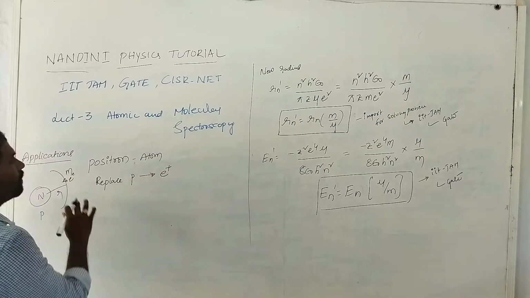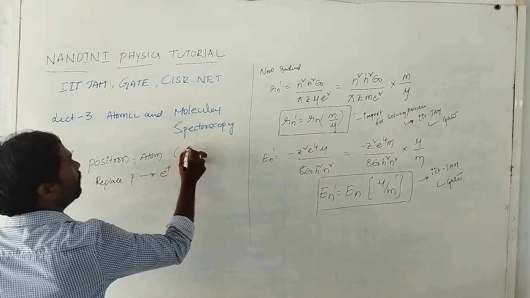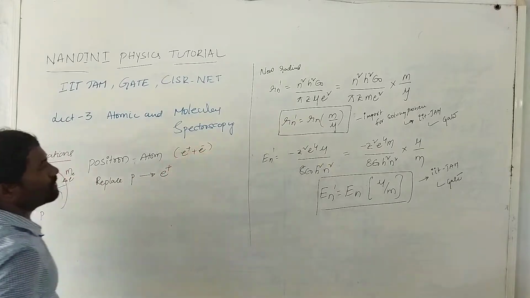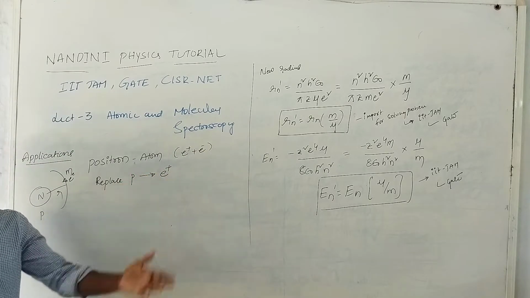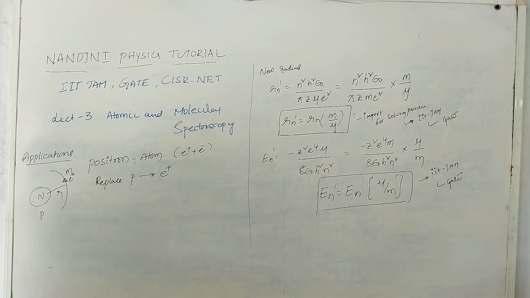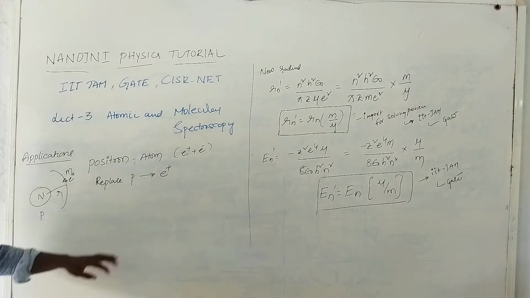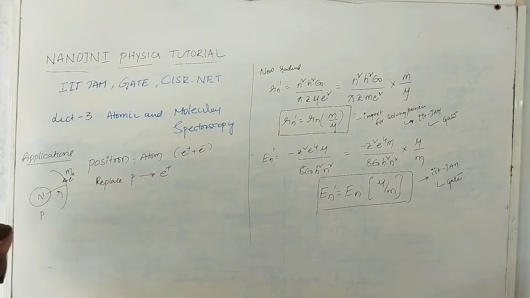So this is called a positron. A positron atom means one positron plus one electron combination. Just replace the proton with a positron.